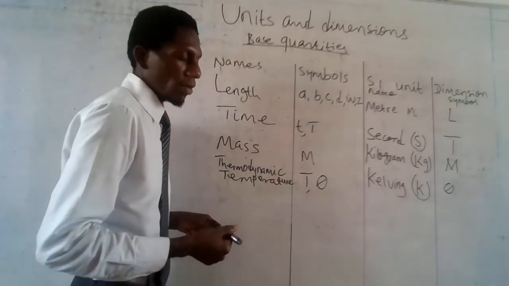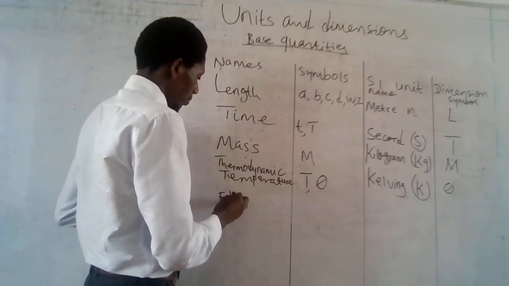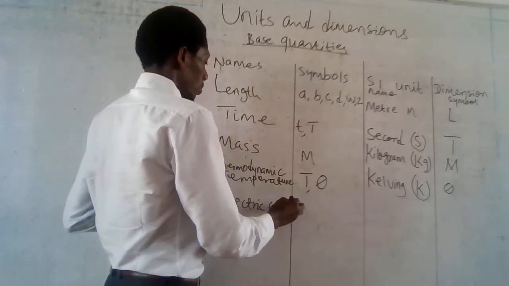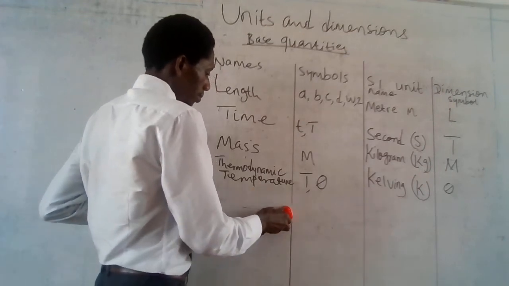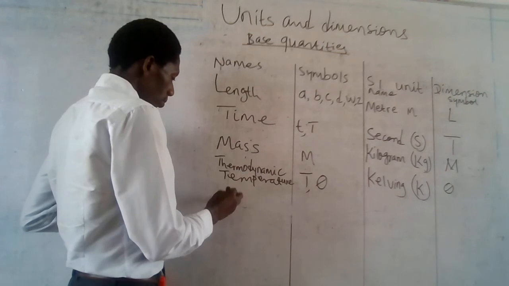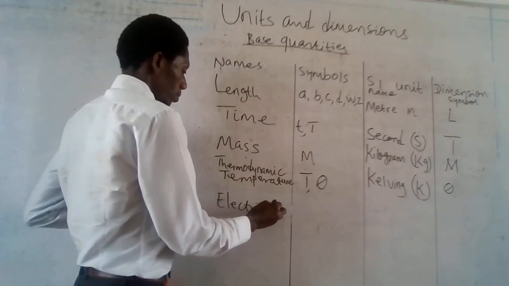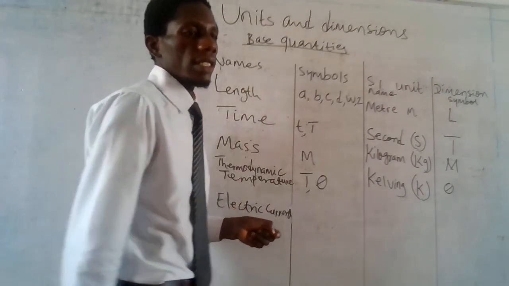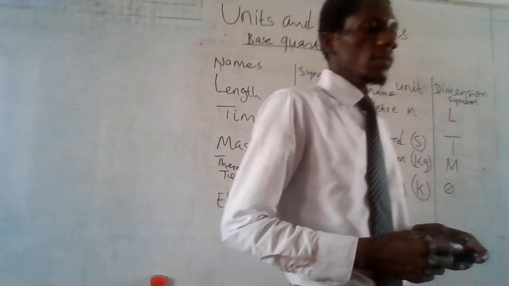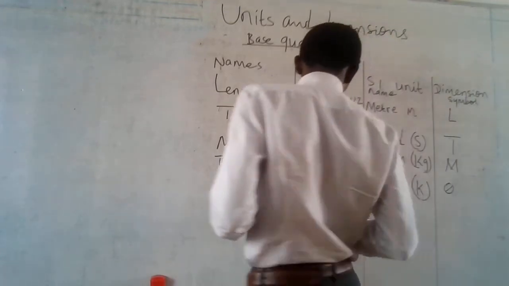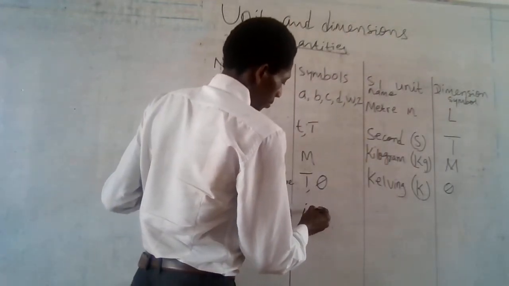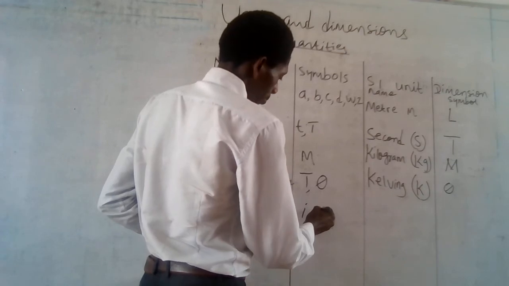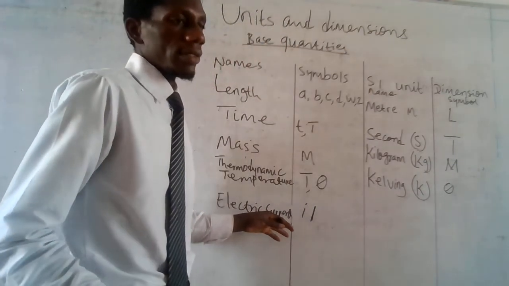We have electric current. Electric current is represented by the letter I in italics. Sometimes it looks like L. This is the electric current.